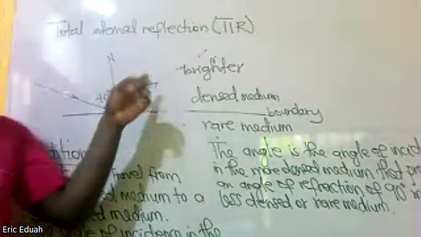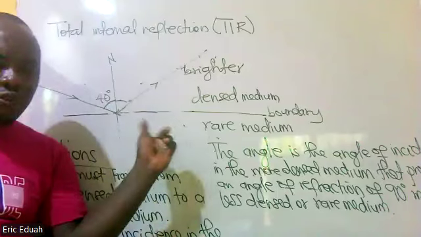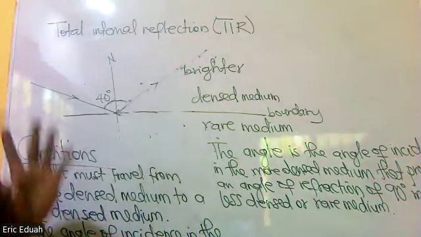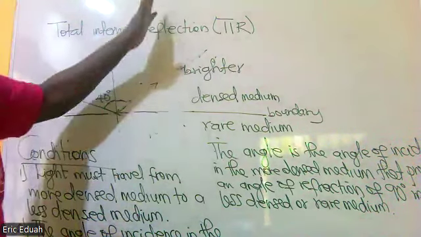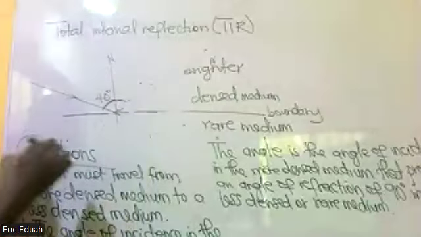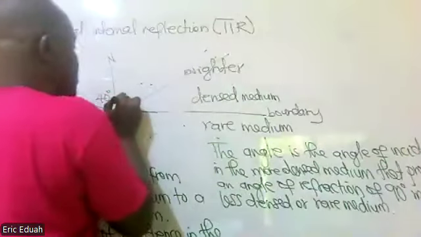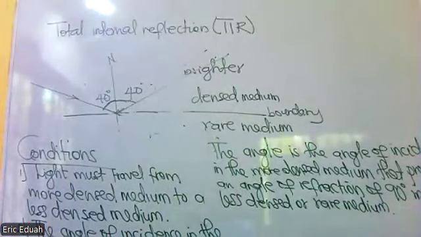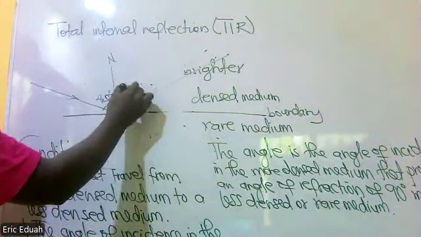And don't forget, there wouldn't be any refracted ray. We'll just have all the incident ray being reflected, and still the angle of incidence will be equal to the angle of reflection. So if it was increased to 45, then we'll have this to be 45 as well.